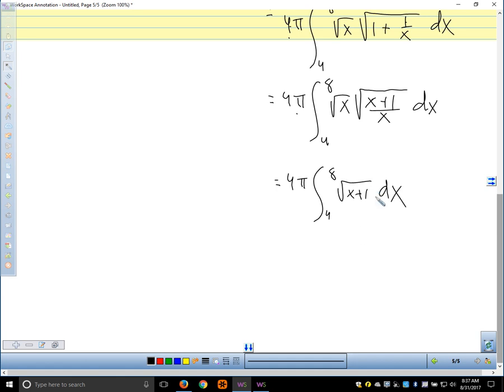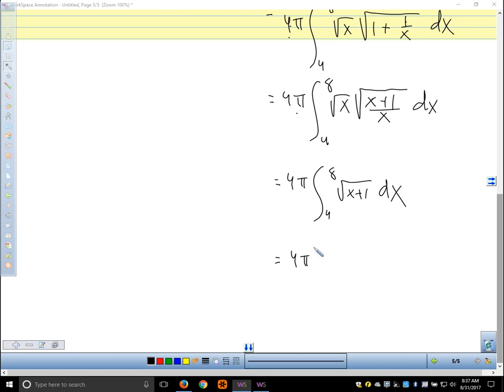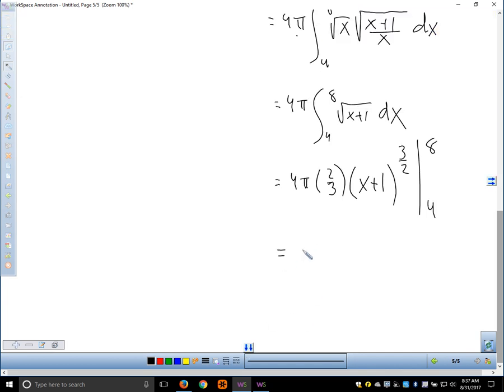Was this our integral of the day? This should be the integral of the day. 4 pi times, what do we get? 2/3 x plus 1 to the 3/2, evaluated from 4 to 8. And I'll write the answer out nicely.